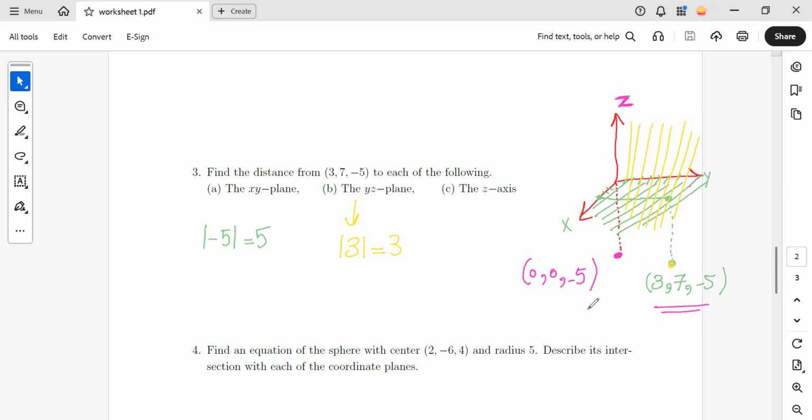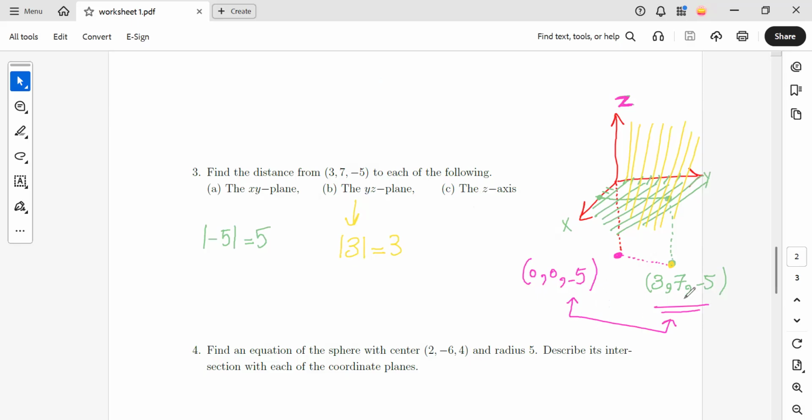And we're going to find the distance between these 2 points in order to find the distance between the given point and z-axis, because we know that for finding the distance, we are going to find the measure of the line that is perpendicular.